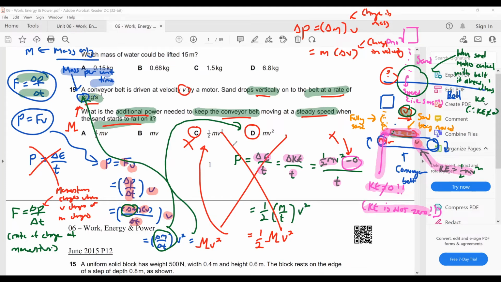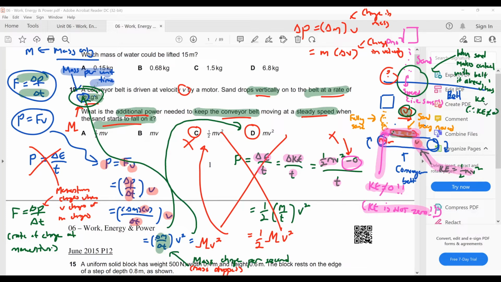All right, so to highlight a bit what I just mentioned, this delta M is actually the mass change per second, which is basically this mass change or mass drop per second.